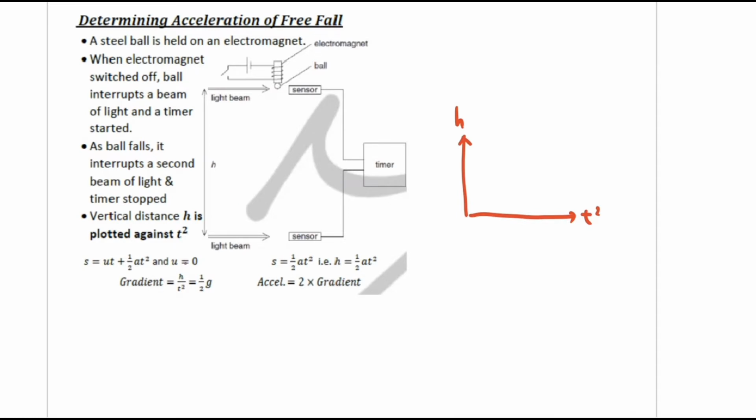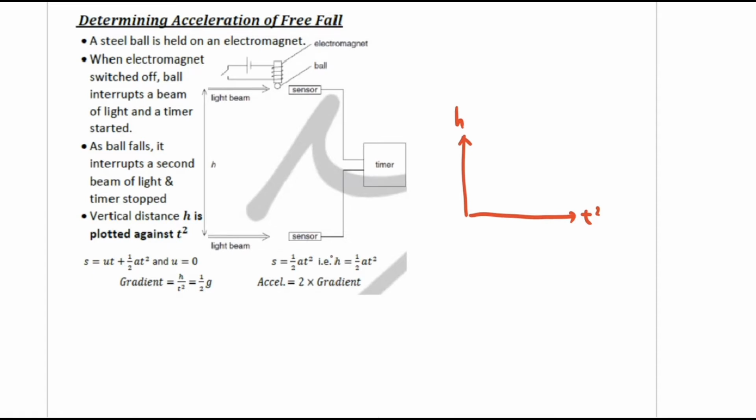If u equals 0, the first term disappears, so s equals half at squared. Then s is replaced by h, so you get h equals half at squared.